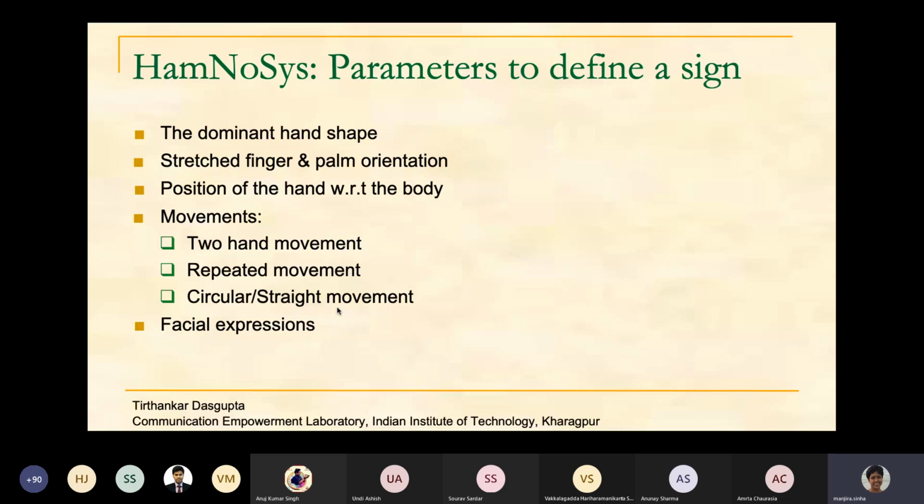Then the stretched fingers, like how the fingers and the palm of the dominant hand are positioned with respect to the body, and its orientation. And if there is any movement like two hand, repeated movements, circular or straight movements, and if there is any facial expression. So these are the components of a Hamnosys notation system.